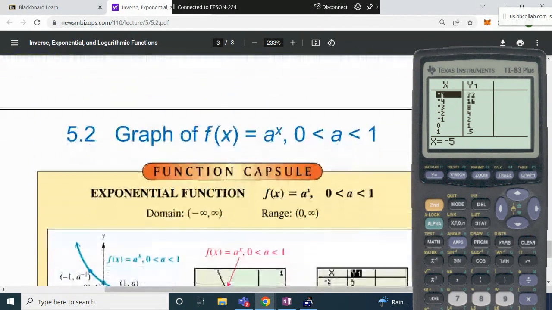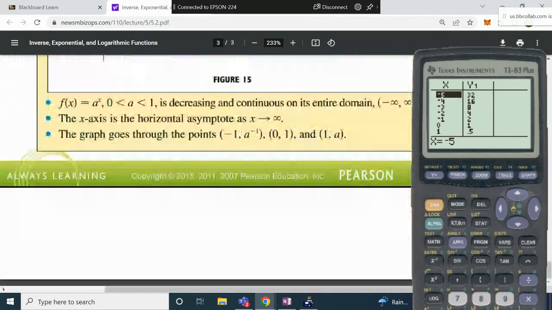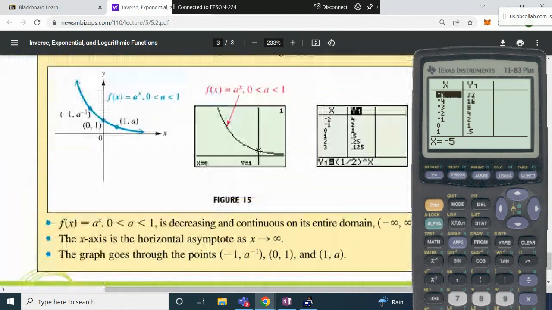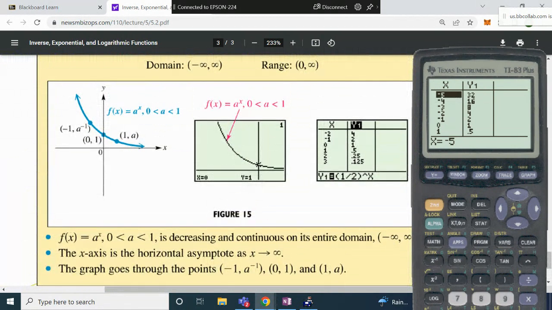And I also have 1 comma a. So remember, a was 1/2 or 0.5, and I have that on my graph, 1 comma 0.5.